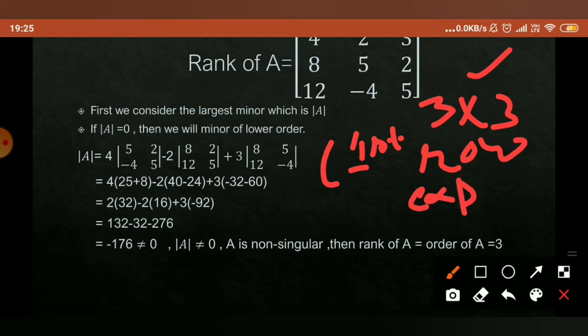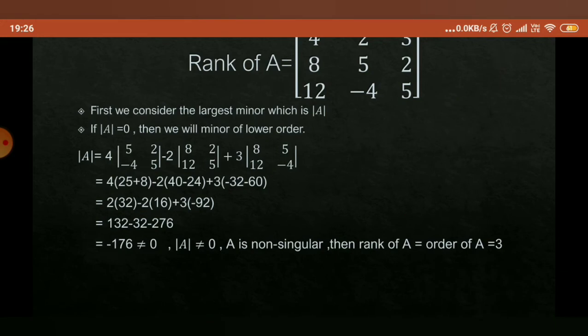So the determinant comes out to be minus 176, which is not 0. The highest order minor which is non-zero is of order 3. So that means the rank will be 3. So rank is nothing but the order of the highest minor which is non-zero. So it is non-zero, so that will be the order of the minor and also the rank.